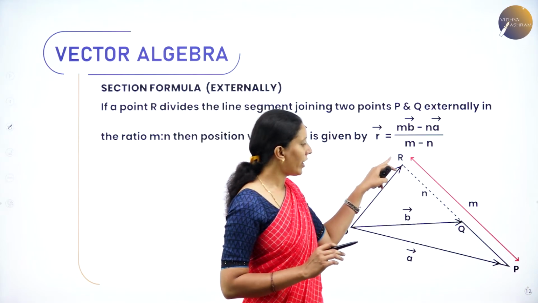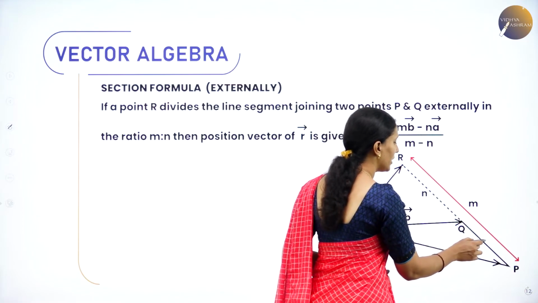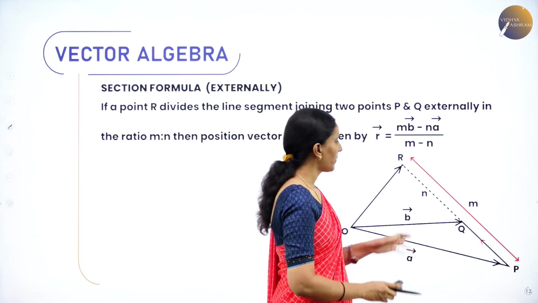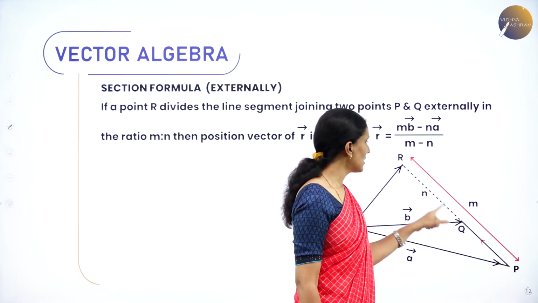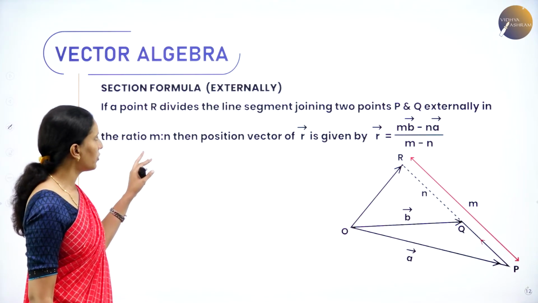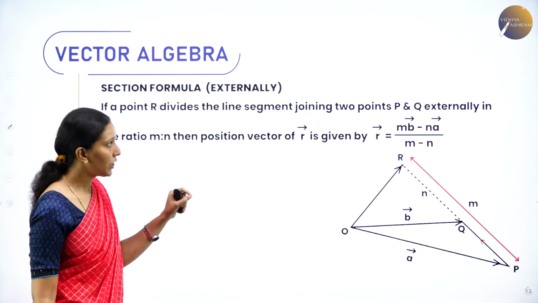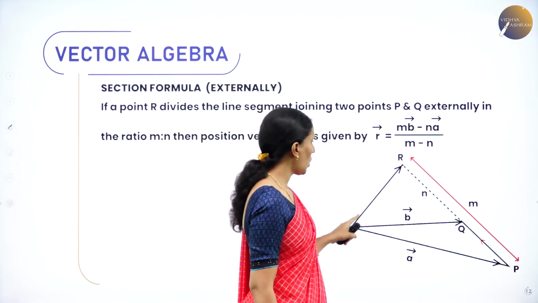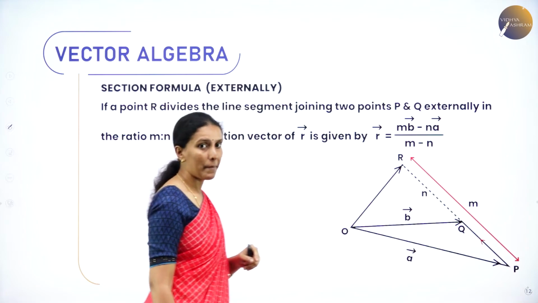That is, the point R is dividing the vector PQ in the ratio M is to N externally. So here let me take this PR as M and this RQ as N. Therefore, here I need to show that if point R divides the line segment PQ externally in the ratio M is to N, then the position vector OR is MB minus NA divided by M minus N.